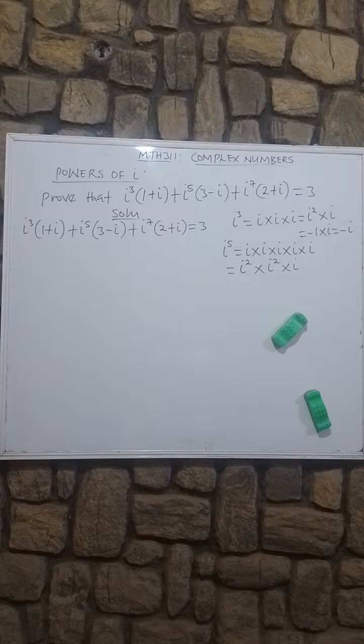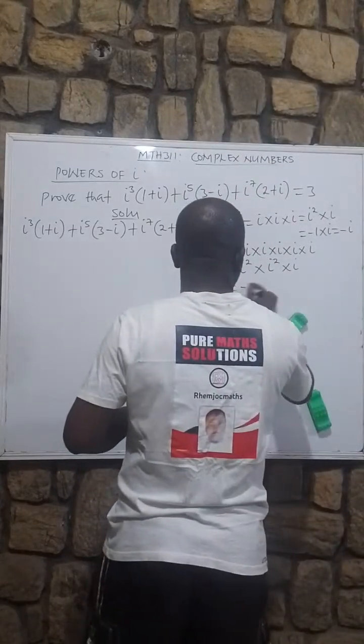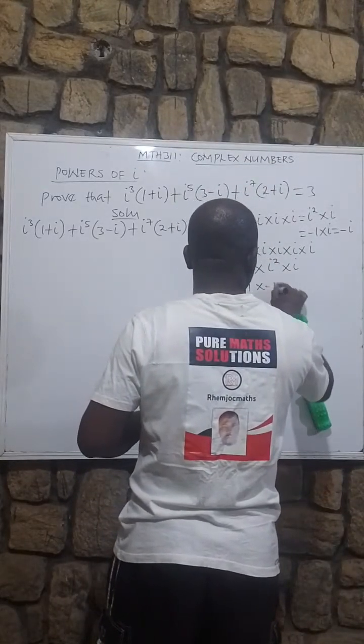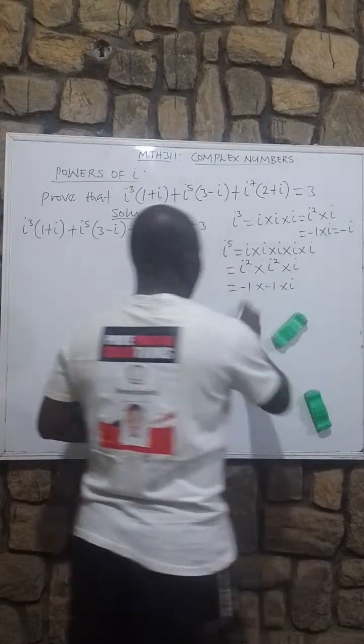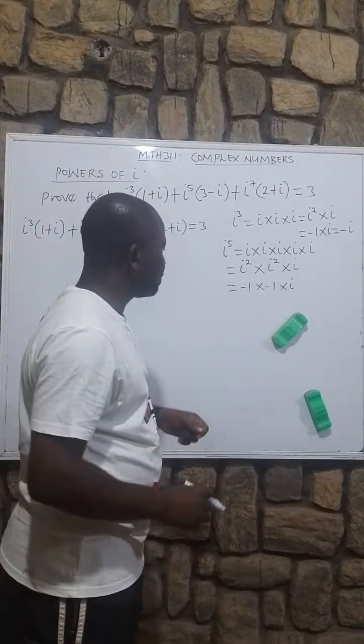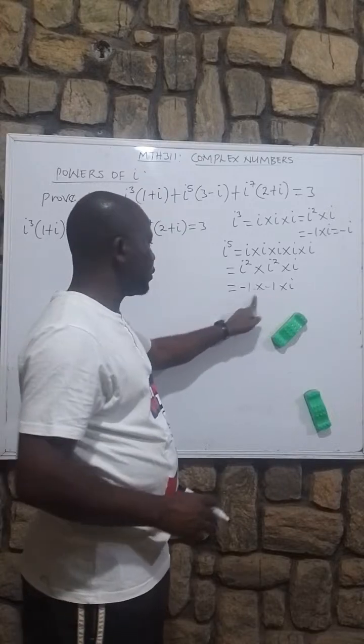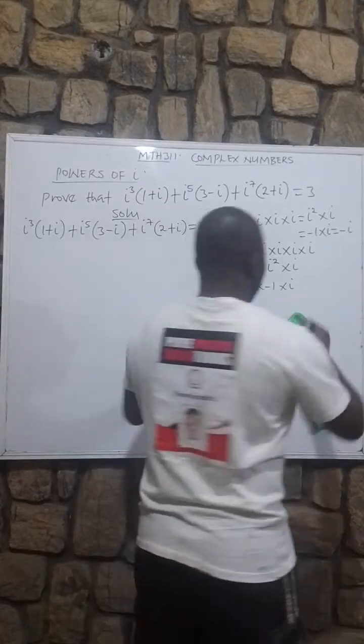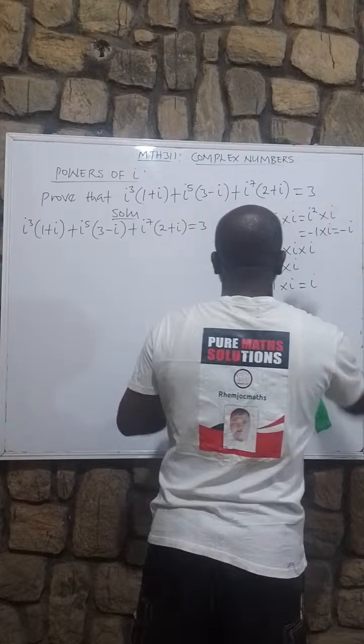No question, it means we can proceed, right? So let us proceed. So here, -1 times -1 times i, minus times minus is plus, 1 times 1 times i is i.